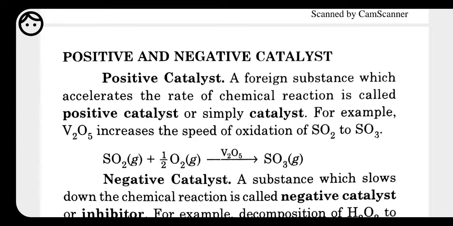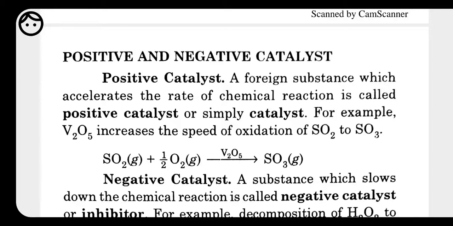Now there are two types of catalyst, called positive and negative catalyst. What do you mean by positive catalyst? A positive catalyst is a substance which accelerates the rate of a chemical reaction. Here we can take the example of V2O5, which increases the speed of oxidation, where SO2 gets converted into SO3.